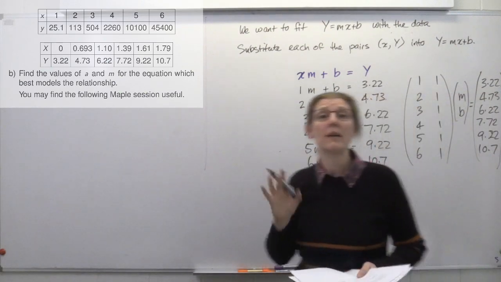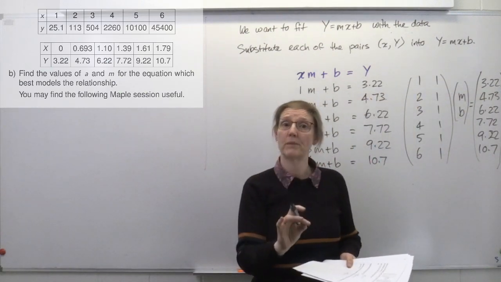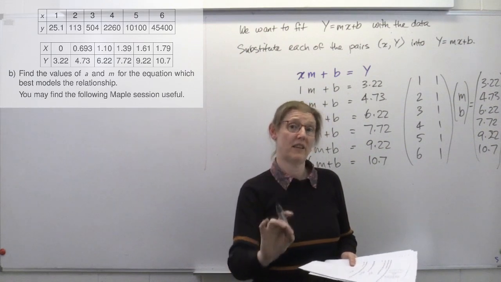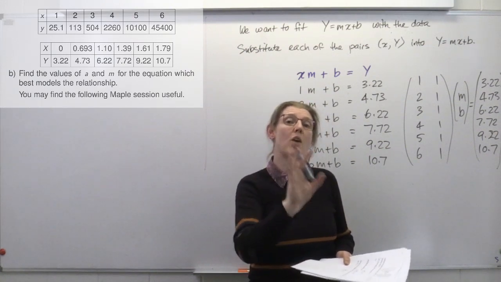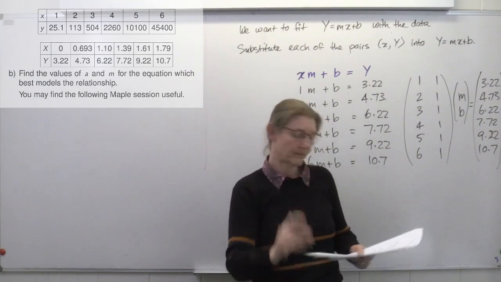Notice each one of those numbers on the right hand side is only an approximation. It has 3 significant figures. This is the most figures you should ever report.